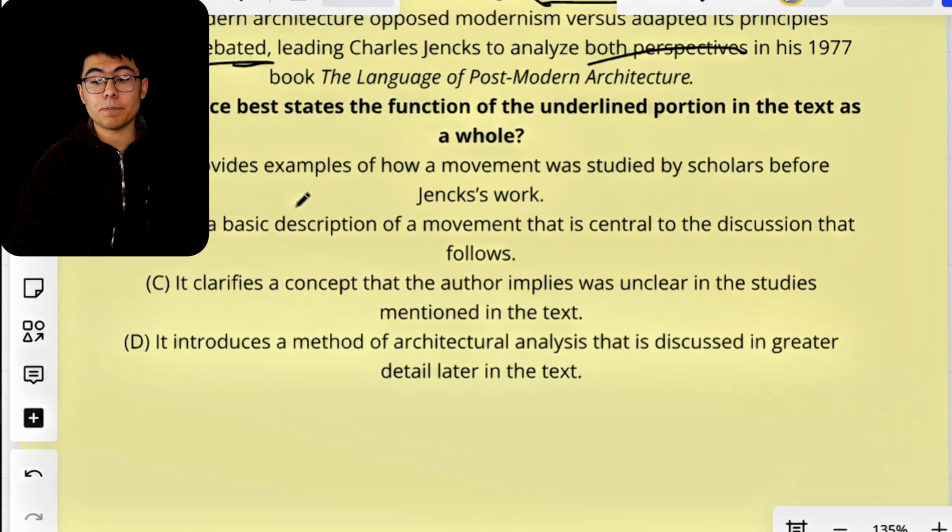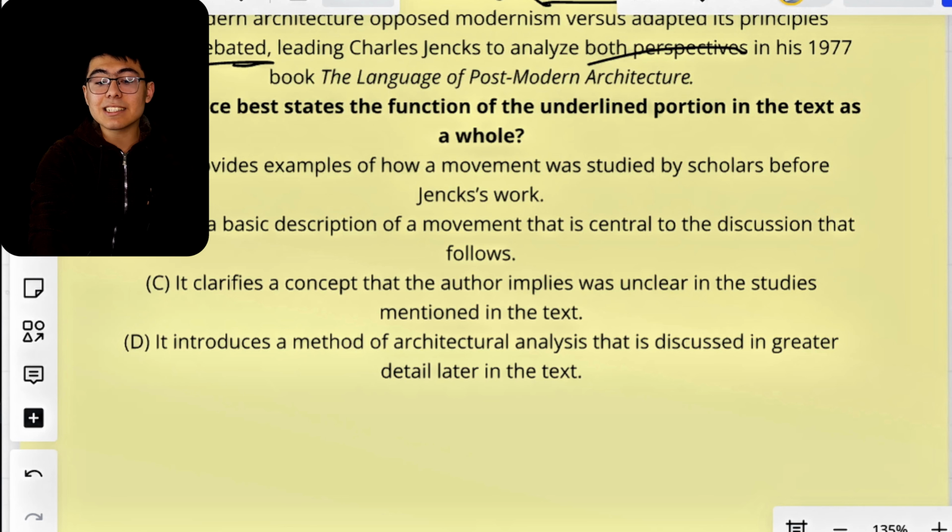Choice B, it gives a basic description of a movement that is central to the discussion that follows. Well, yeah, the underlined portion provides an overview of postmodern architecture, and that's the main topic of the passage. So I guess that's true. Let's keep B. Choice C, it clarifies a concept that the author implies was unclear in the studies mentioned in the text.